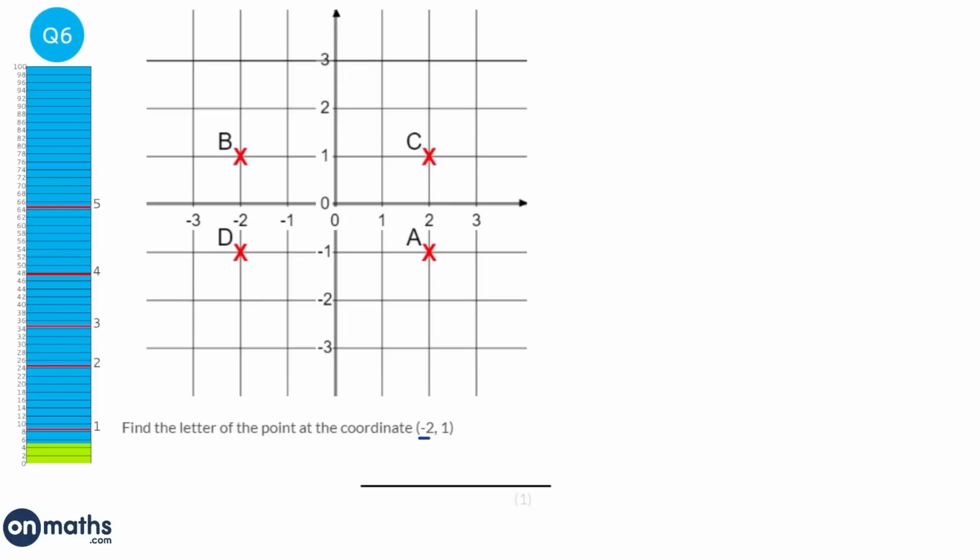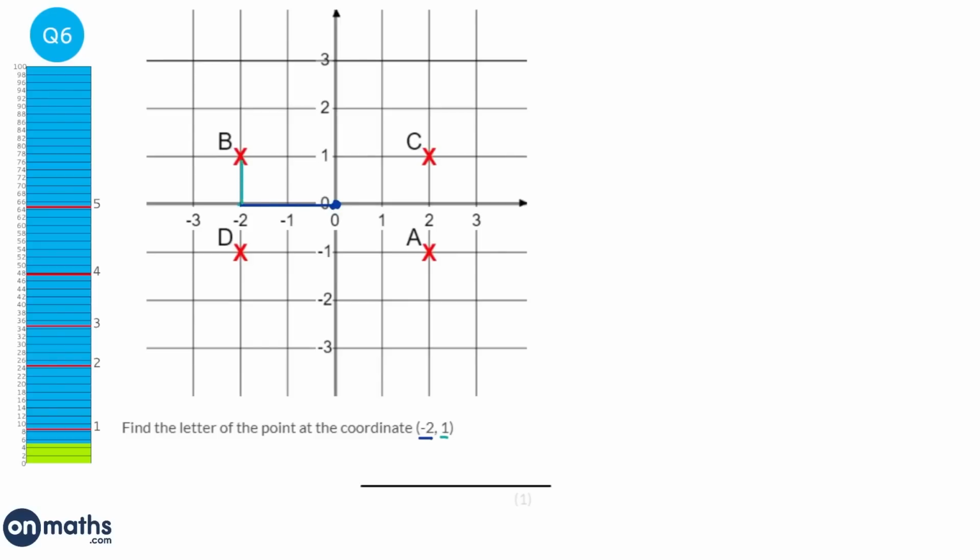This coordinate is telling us to go 2 to the left from the center. We go right when it's positive, we go left when it's negative, so it's 2 to the left. And then it's telling us to go 1 up. It's up because it's positive.